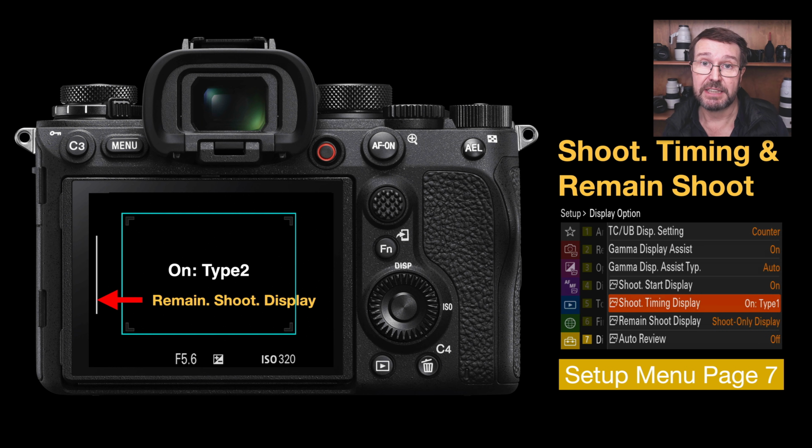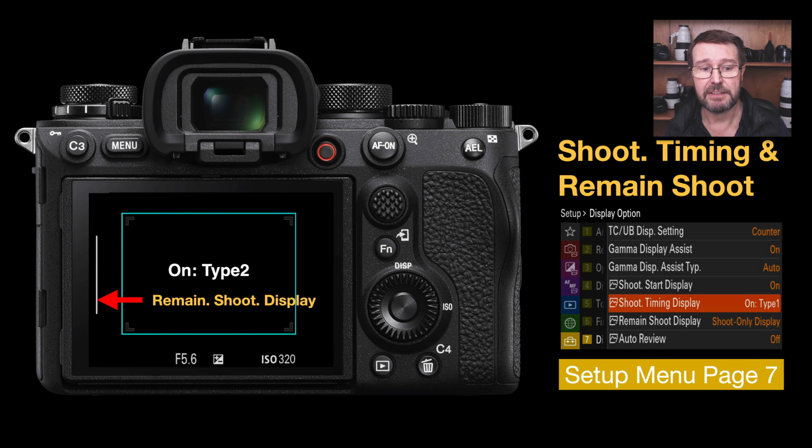If we are shooting with the camera completely silently, it's very difficult to know that the camera is actually taking any photographs without some sort of visual identifier to say, I am now taking pictures. So this is where you go into shoot timing and remain shoot options, and that's the setup menu, page 7.